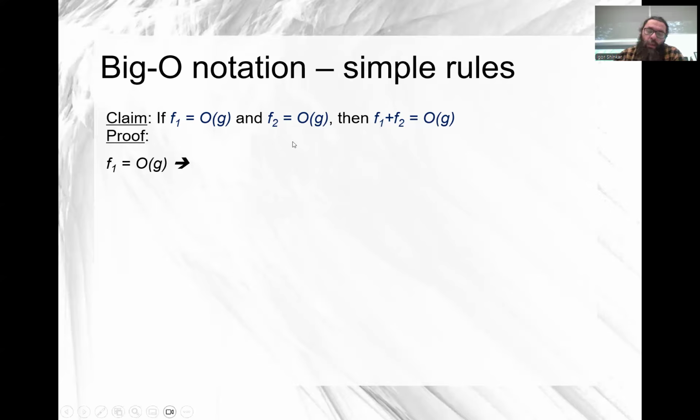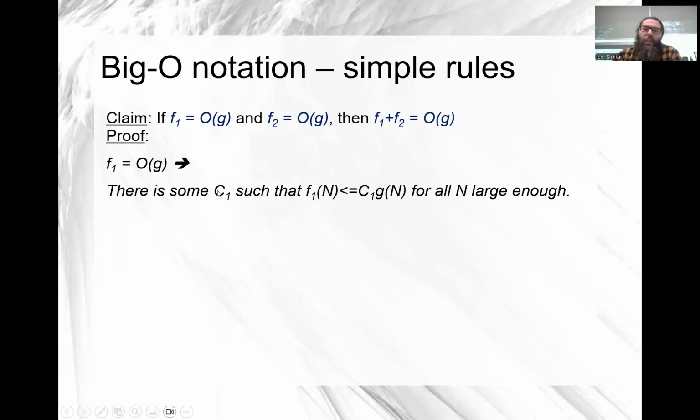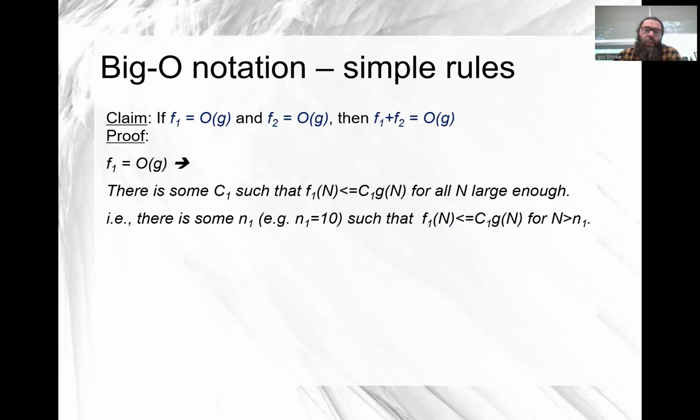Okay, so we're getting used to this definition. Right, so we have f1 is order g. That's our first assumption. So what does it mean? It means that there exists some constant c1 such that f1 is less than c1 times g for all n large enough. So what does it mean, n large enough?